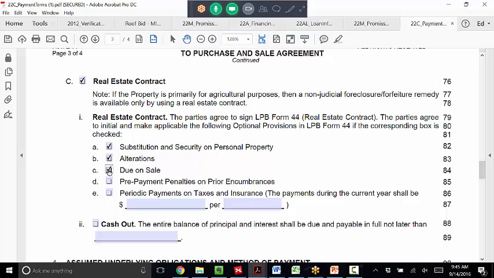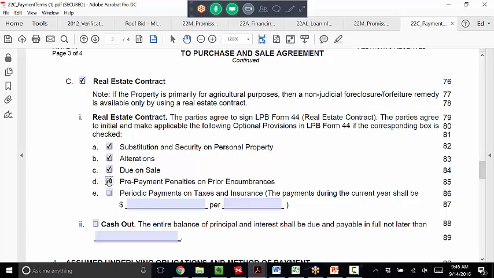Due on sale, just like with the provision above, we're saying, okay, I'm agreeing to be Linda's lender in this example, but I don't want her to sell it to somebody else and offer to be their lender, right? Because I didn't know them and I'm not willing to lend them money. I like Linda and I'm going to lend her money. That's it. So if she sells it, then I can accelerate the term of the contract.